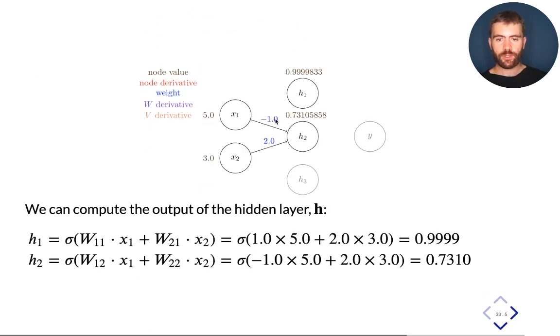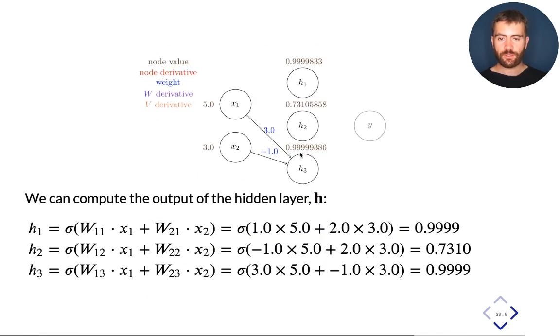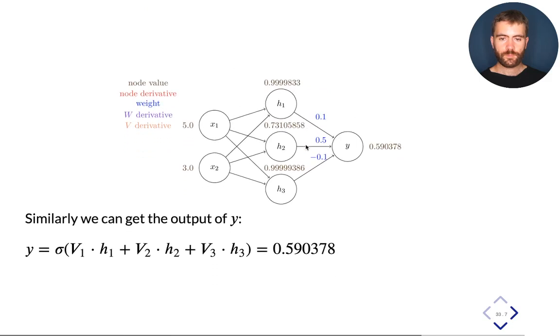Here my weights are -1 and 2, so this gives me a different input, which is smaller, and if I apply the sigmoid to this input, I have the following output, something close to 0.73. And for this one, I also have a really large value, and this is what it looks like. So here I have computed the outputs. Now I can similarly compute the output of the final layer.